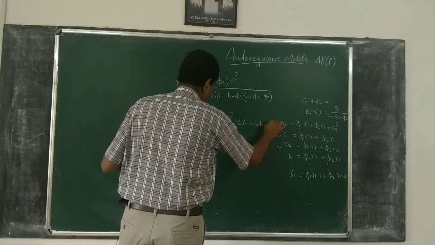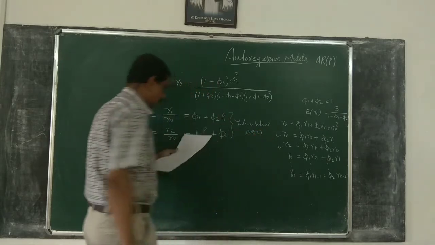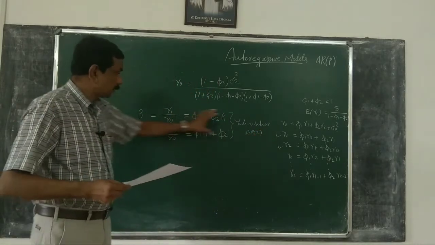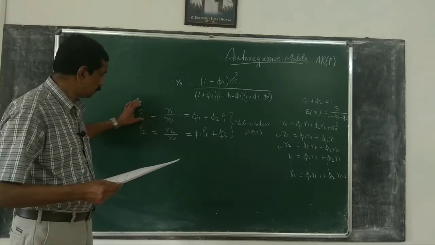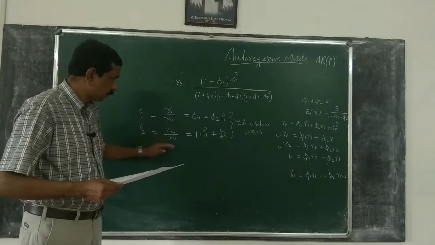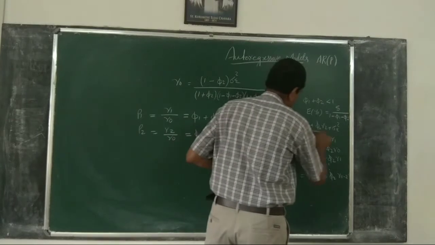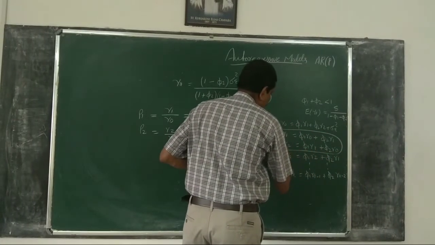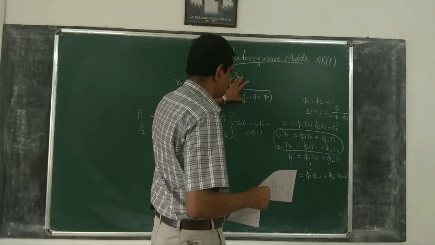Now, these equations are known as the Yule-Walker equations for the AR2 process. Rho 1 is gamma 1 by gamma 0. Rho 2 is gamma 2 by gamma 0, obtained by dividing both with gamma 0. And variance is given by this.